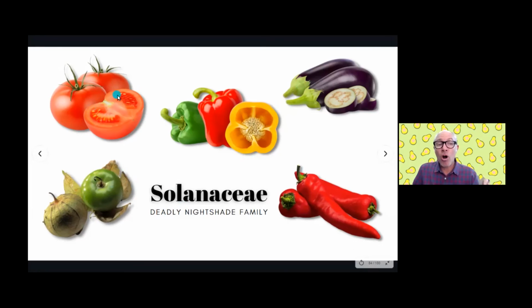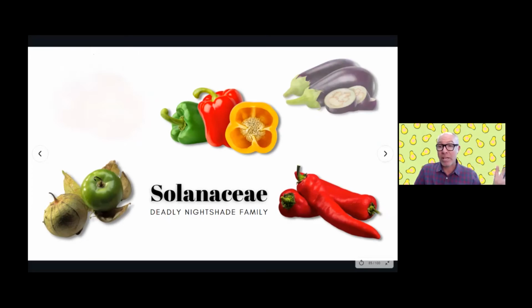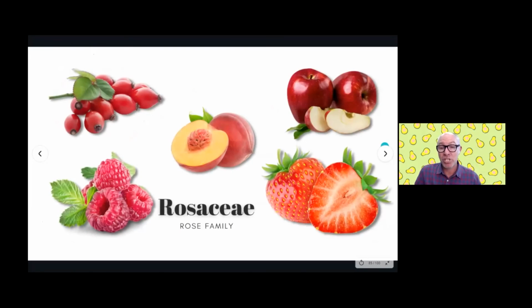So these are all ripened ovaries containing fruit. These are all the result of a flower, and on some you can even still see parts of the flower here, the papery sepals of the tomatillo, the sepals of the aubergine here, the flower containing the ovary containing the ovules which become the seed and the fruit. In this one family, all these varieties of fruit types.